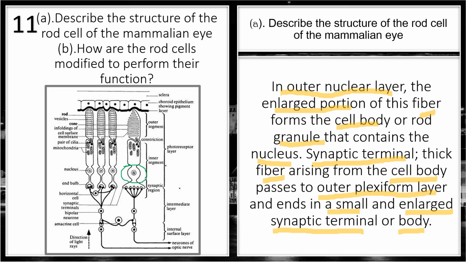So from our cell body, where we have our nucleus, we go to an enlarged portion. That enlarged portion is what we call the synaptic terminal. These ones are synaptic terminals.